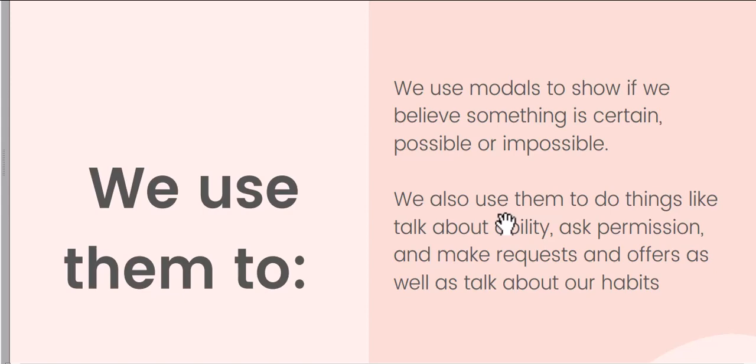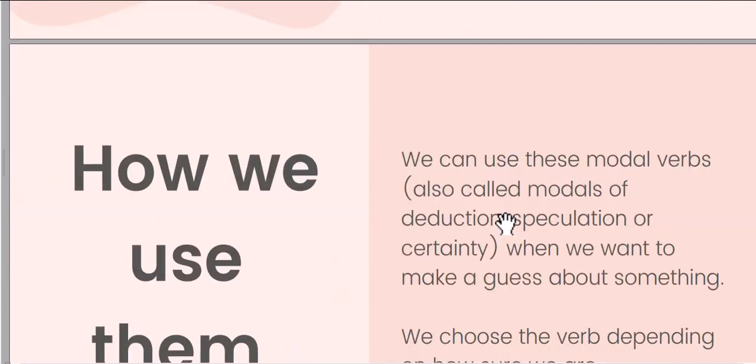We use a modal verb to say we believe something is certain, possible or impossible. We also use them to talk about ability, ask permission, make requests, and offer, and so on. I already mentioned that at the beginning.